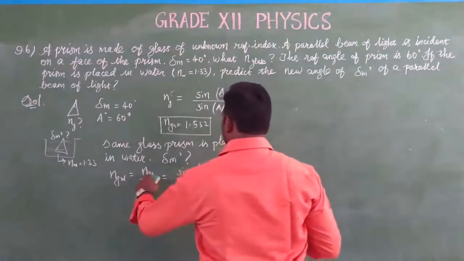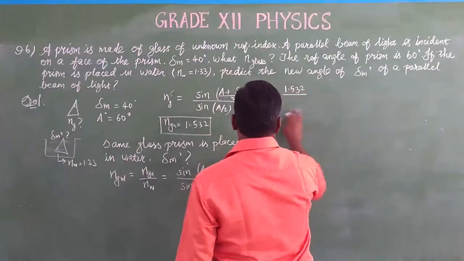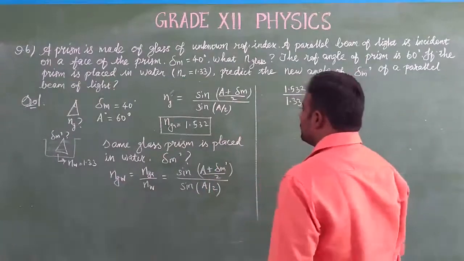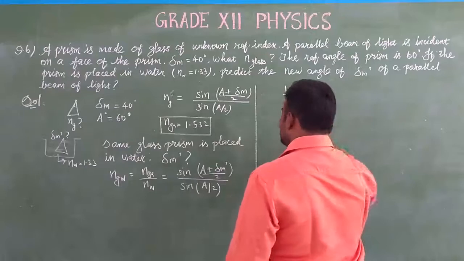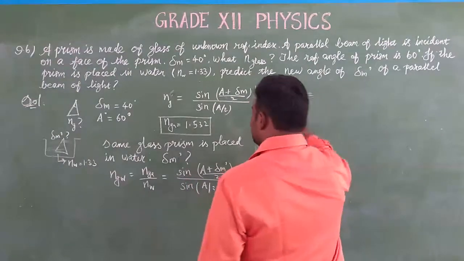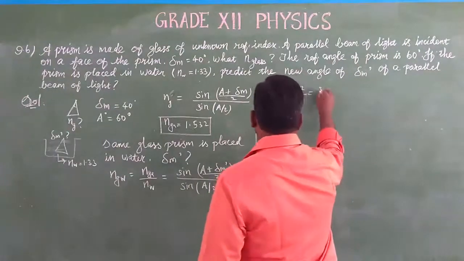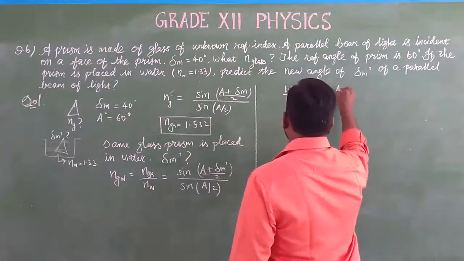So what is the refractive index of glass with respect to air? It is 1.532 divided by 1.33, which is equal to, yes, we'll substitute the values and then rearrange.